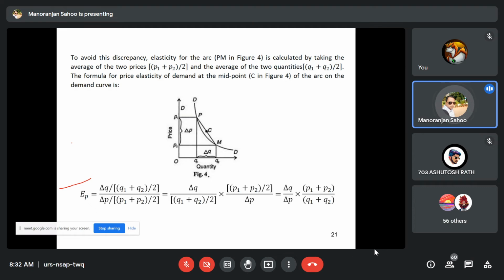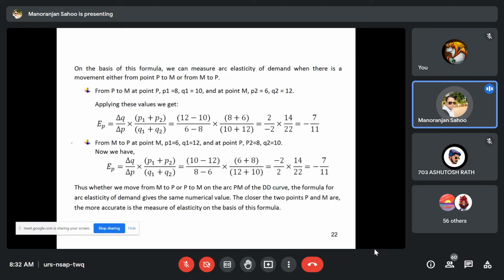If we apply this arc method or midpoint method to calculate the elasticity value, it will be equal for an increase in the price and a reduction in the price, because here we are calculating the average elasticity, not the actual value. Okay, you need to solve one problem, then only you can be clear. It is easy, but you need to solve it.